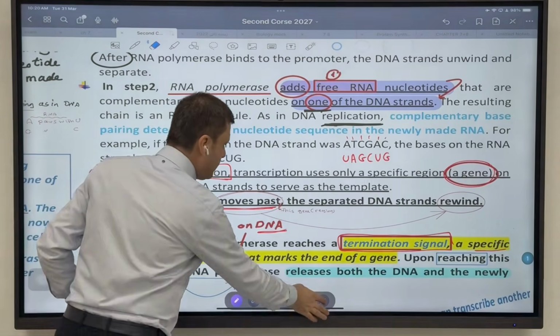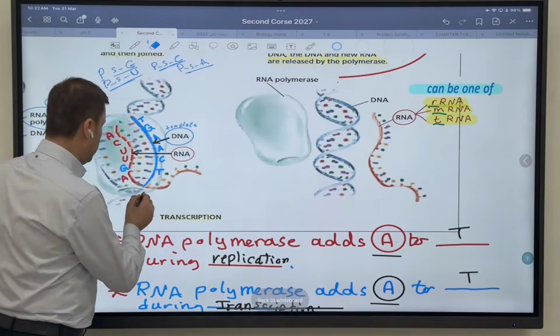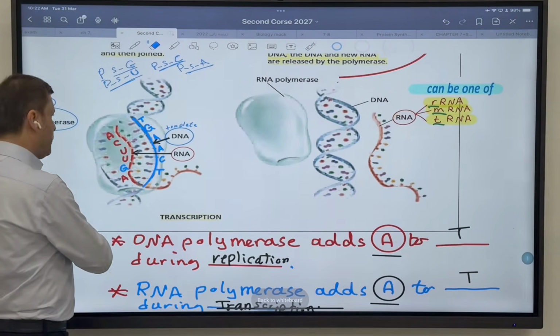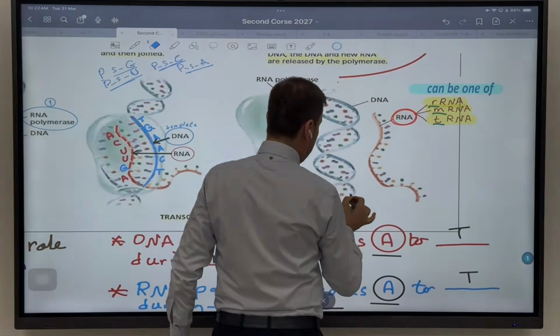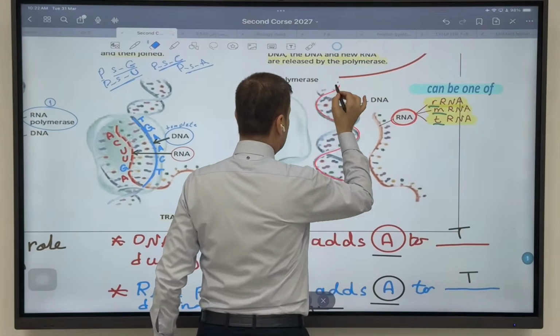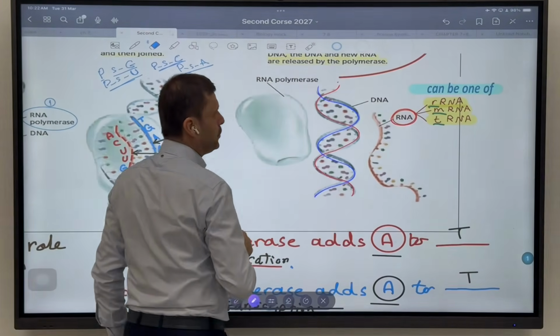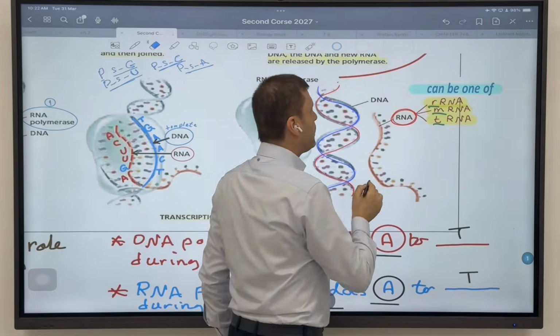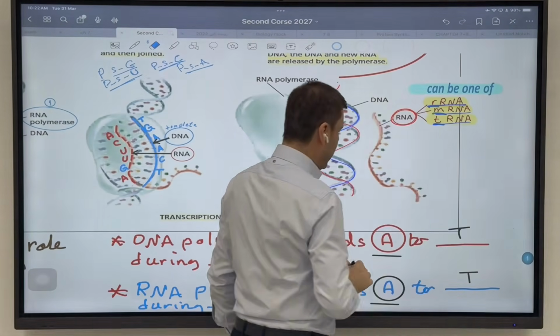According to the figure, it releases both the DNA and the newly made RNA. And then the two DNA strands rewind. And this RNA that is formed will finally be rRNA, mRNA, or tRNA.